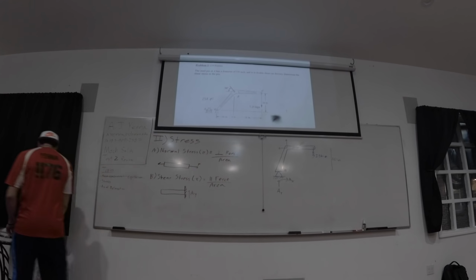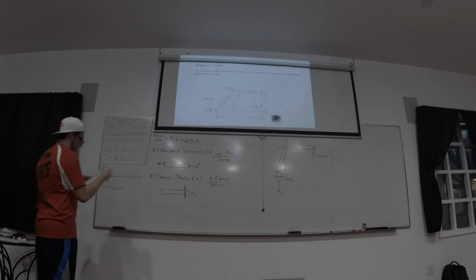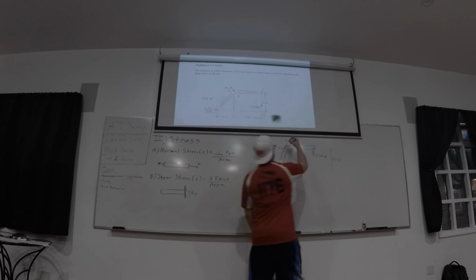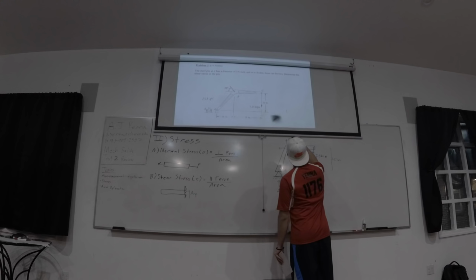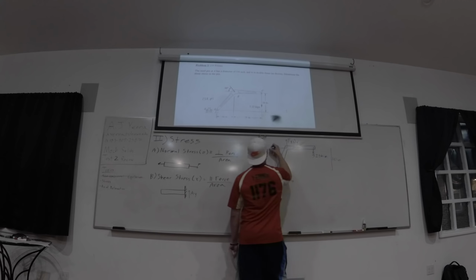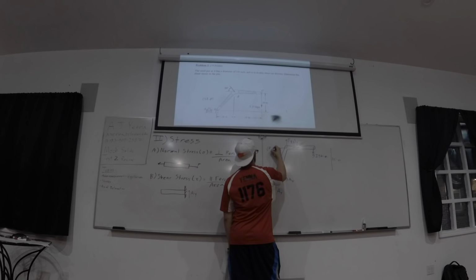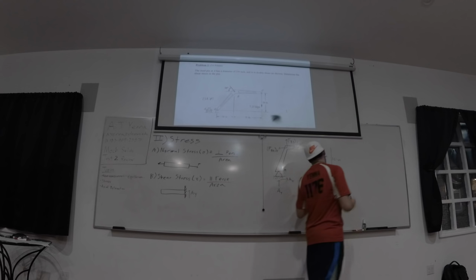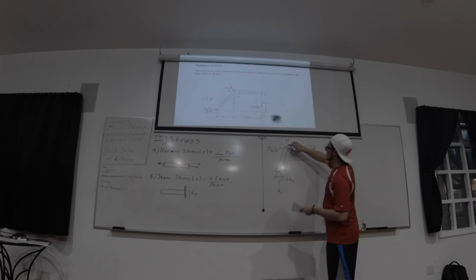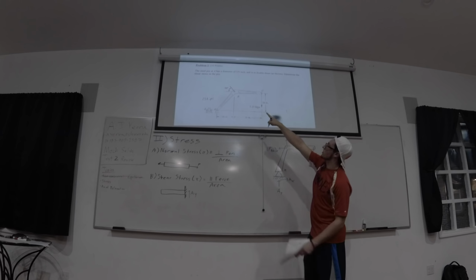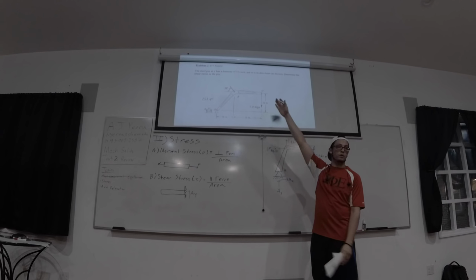So the two components that you're going to get are FBD Y and FBD X. FBDY is just the force in BD times the sine of 50 because it's the vertical component of it.